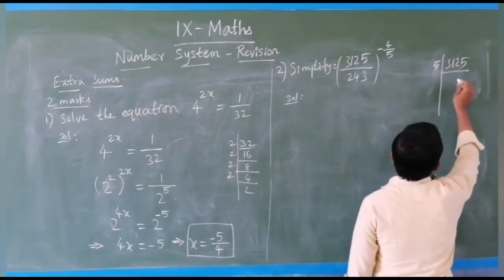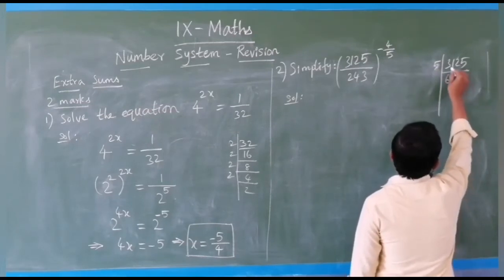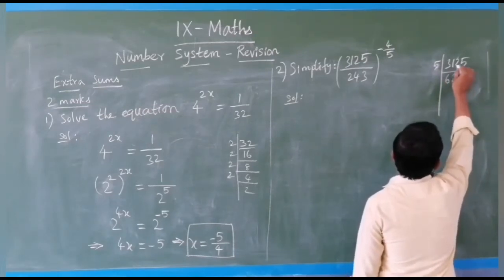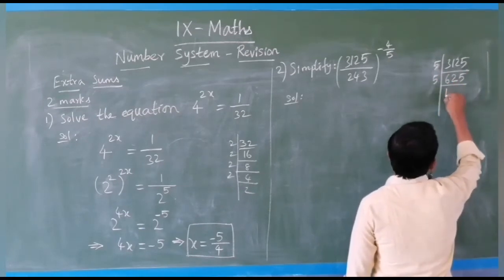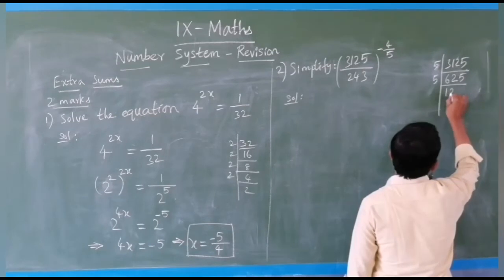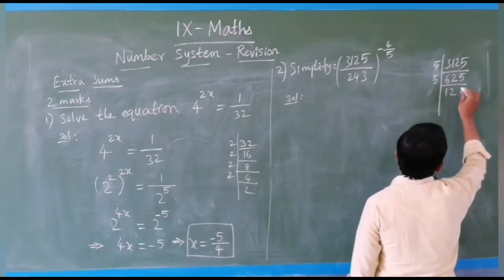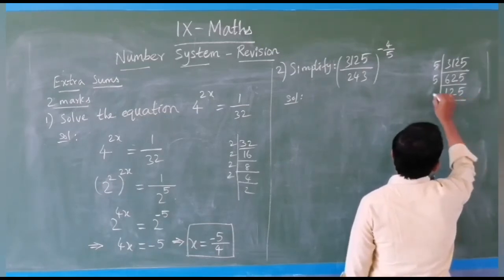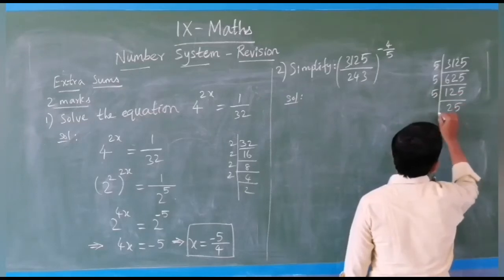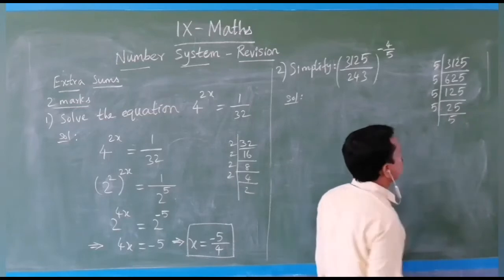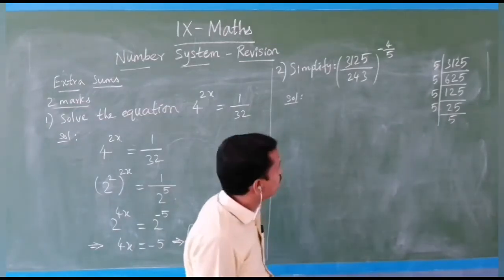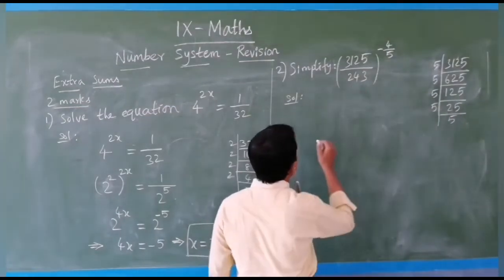So 5 6s are 30, and then 5 2s are 10, and so on, then 5 5s are 25. So 5 5s are 25, and then 5 5s are 125, so it's 1, 2, 3, 4, 5. So how many 5s are there? Five 5s. So 3125 we can take as 5 to the power 5.